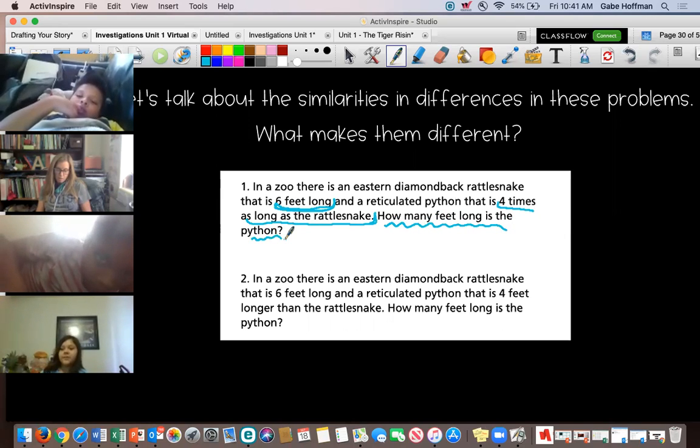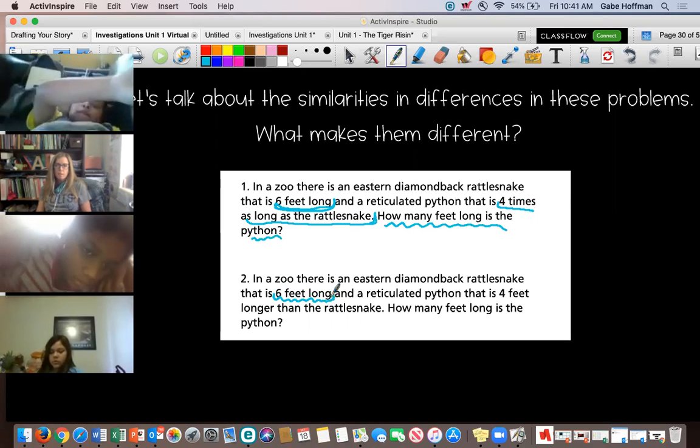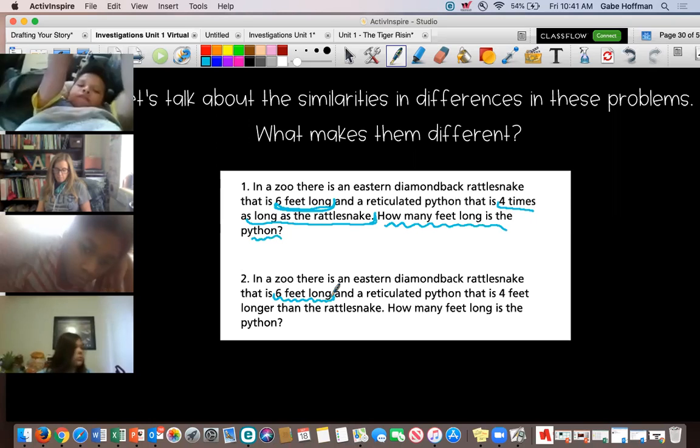And in my second problem, looking at number 2 now, it says, in a zoo, there's an eastern diamondback rattlesnake that is 6 feet long. So the diamondback rattlesnake is still 6 feet long. But what does it say about the reticulated python?